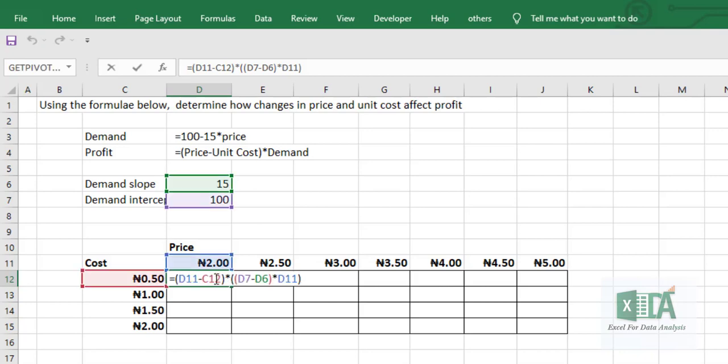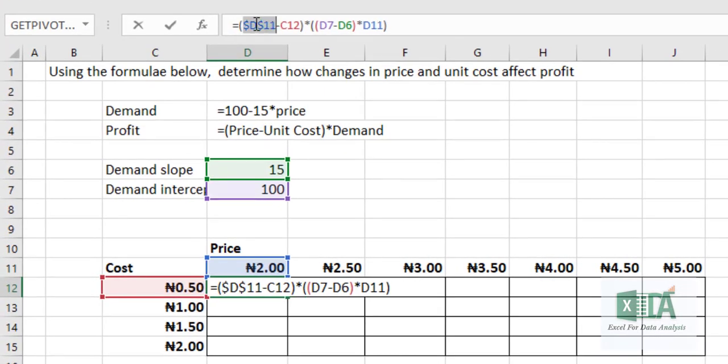Now, let's look at the formula again. Here we have D11, which is 2 naira. In copying this formula to this side or downward, we want Excel to maintain row 11, while D can change from D to E to F to G, I, and J. So we're going to fix row 11 and leave D. Press the function key F4 again.